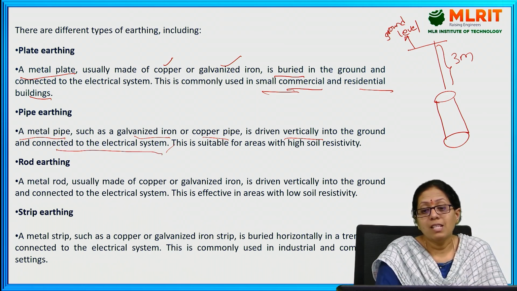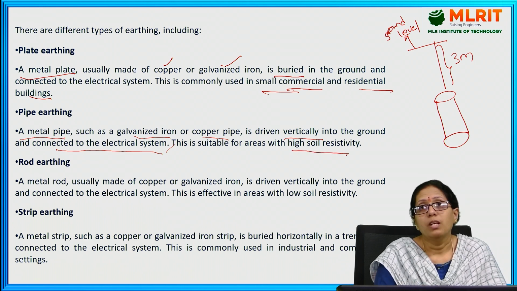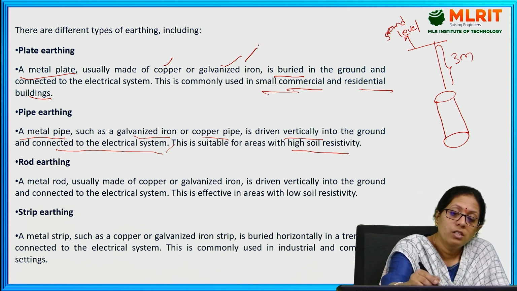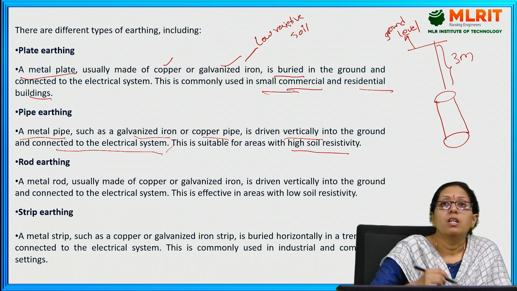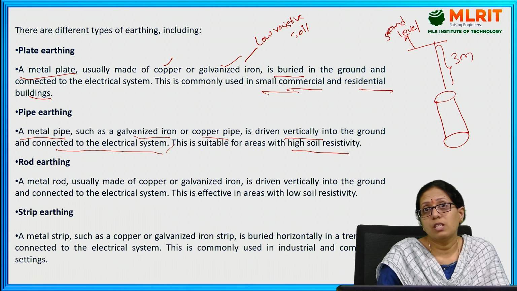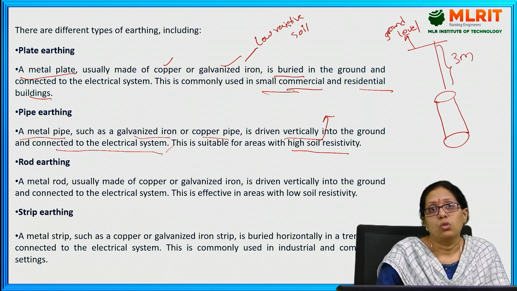This is suitable for high soil resistivity. Plate earthing is used for low resistive soil, and this is used for high resistive soil.